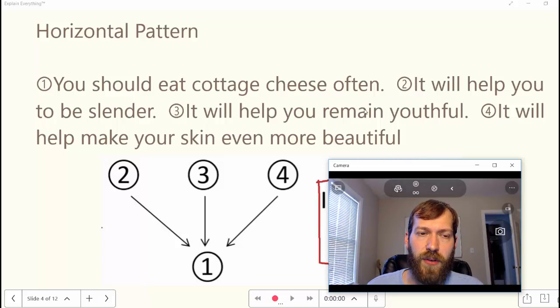So the way that we diagram this then is each of the pieces of information, each of the statements that is supposed to be independent evidence for a conclusion, we list those horizontally on the same level, right? So it's like taking several vertical ones, but we're not going to stack each of these on top of each other, because if we did, suppose we tried to diagram it this way.